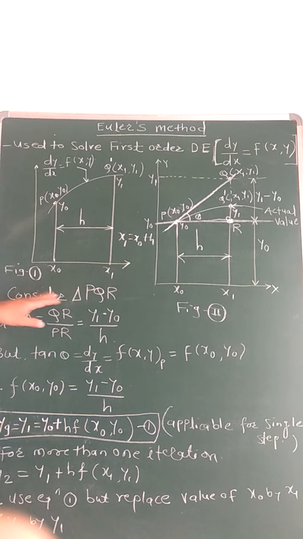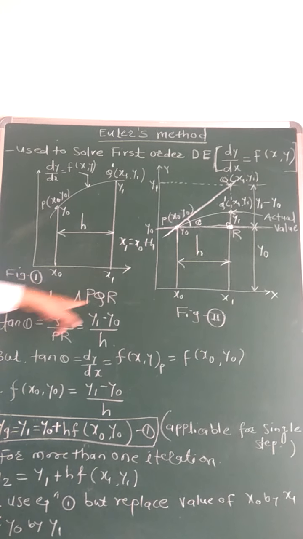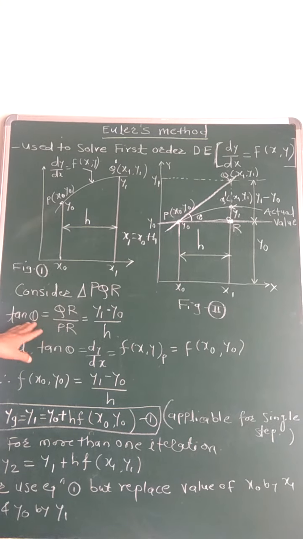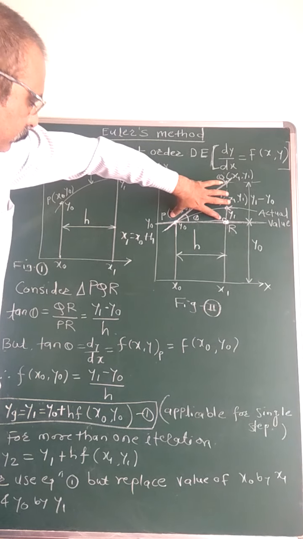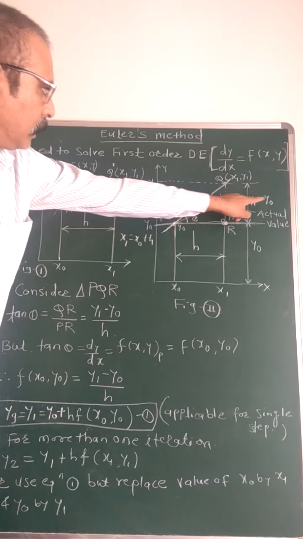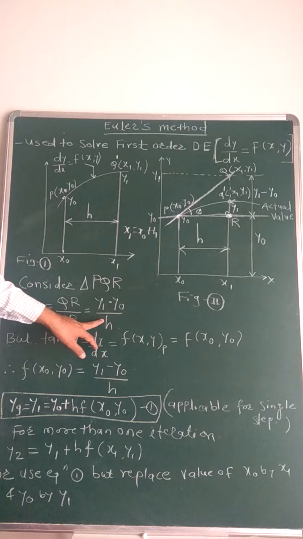Therefore, considering triangle PQR having an angle theta, here tan theta is equal to QR divided by PR. Here QR is equal to y1 minus y0 and PR is equal to h.